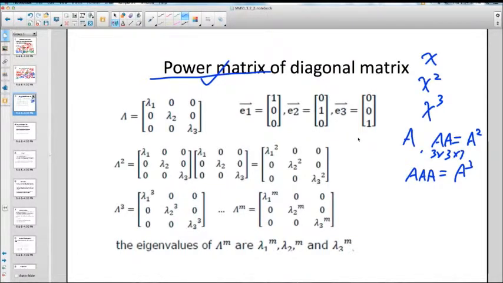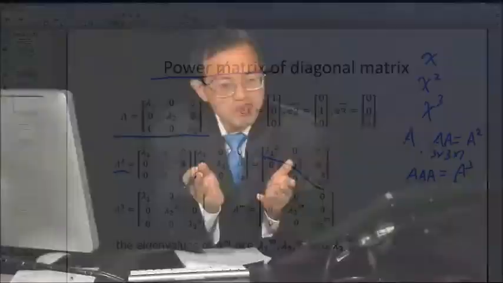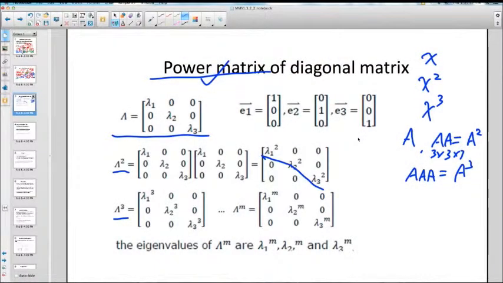Nevertheless, if I have a diagonal matrix, it's very easy. If we square it, you only square the non-zero elements on the diagonal. That's just like your algebra, right? If you want a cube, you can do it again. You just have a cube on the diagonal.